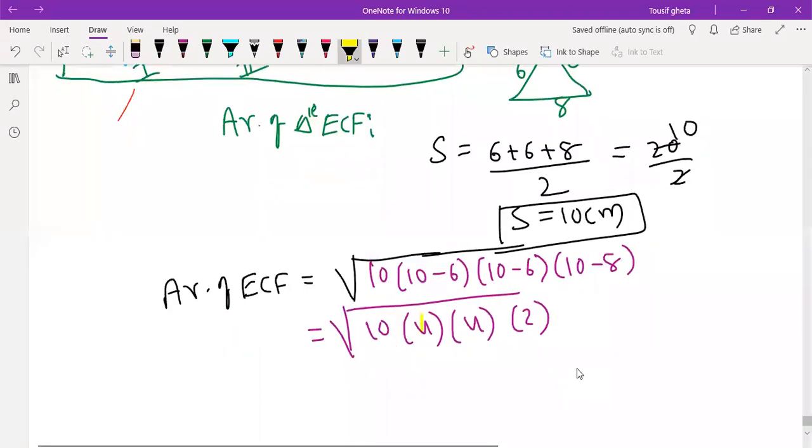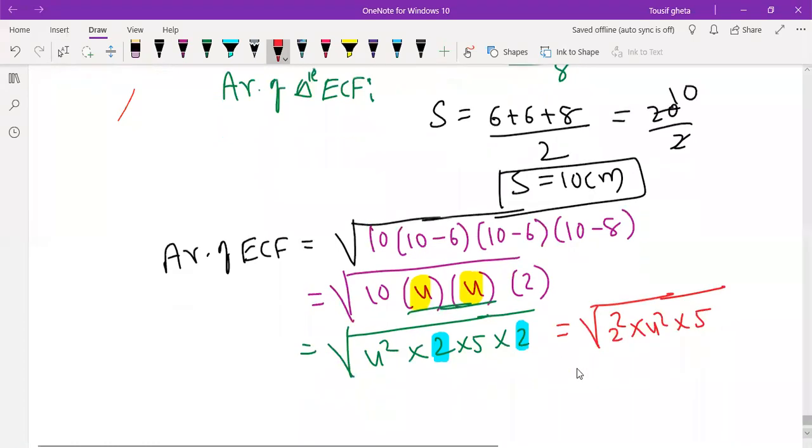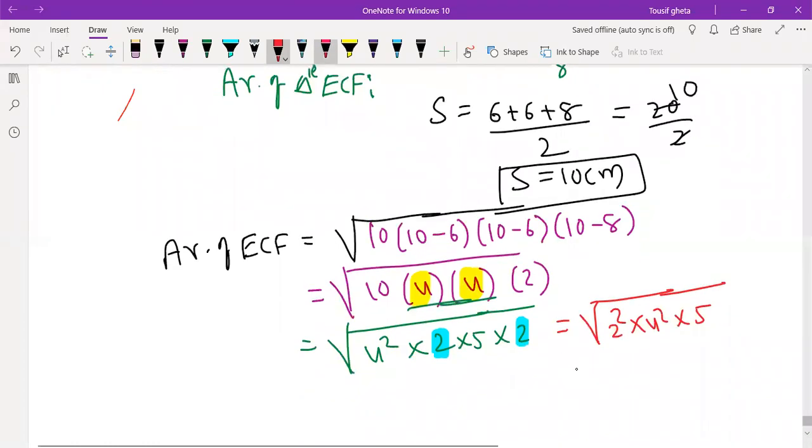These 4 are perfect square. Without wasting time, I will write that first. 4 square, right? And this 10 I will write as 2 fives are 10, into 2. So again this 2 and this 2 are perfect square. So I can write this as root 2 square, 4 square into 5. I can finally write the answer as 2 into 4 into root 5. You will get 8 root 5.